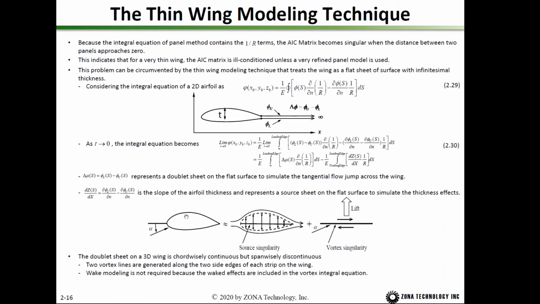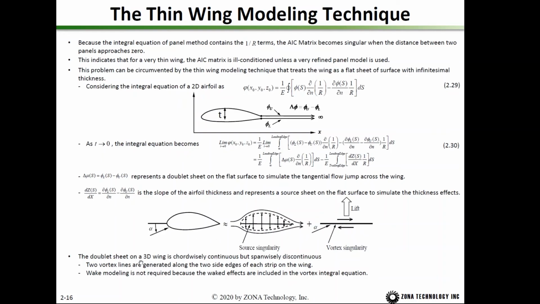So if you have a wing at an angle of attack, first we put a source there, and based on the source strength, we can simulate the thickness effect of the wing, and then we use the vortex singularity based on the angle of attack to generate the lift.